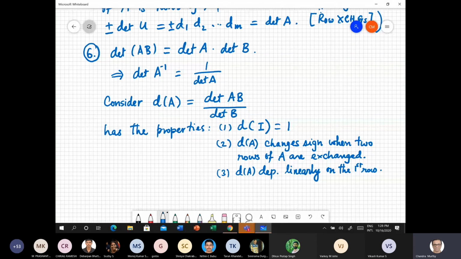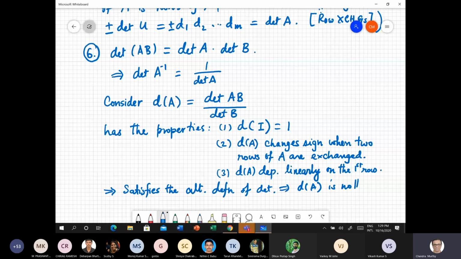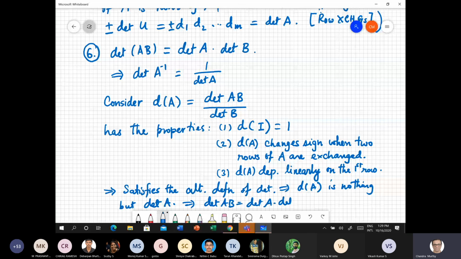It's because this determinant over here depends linearly on the first row of A. Basically this means that it satisfies the three properties, say the alternative definition of determinant, which implies d of A is nothing but determinant of A. And so determinant of A equals determinant of AB divided by determinant of B, meaning that determinant of AB equals determinant of A times determinant of B.